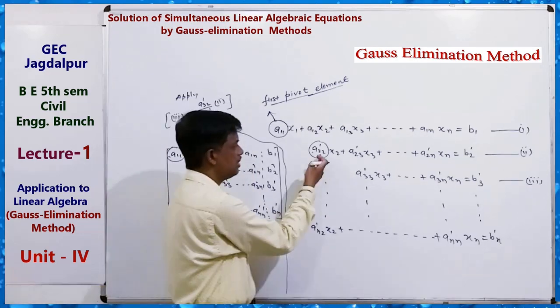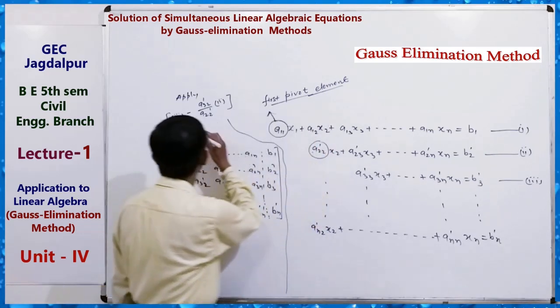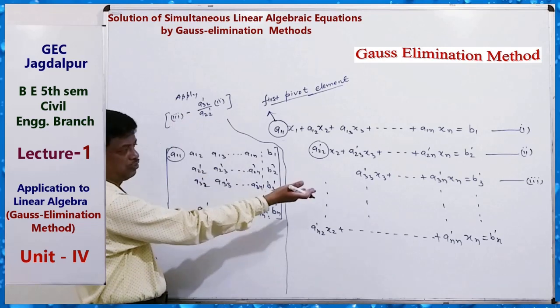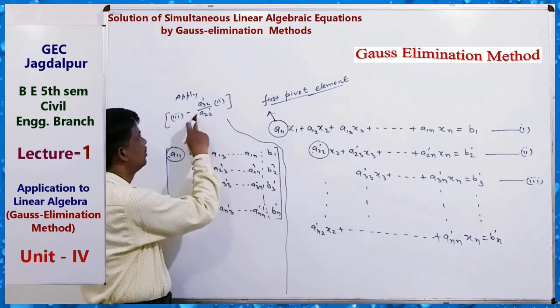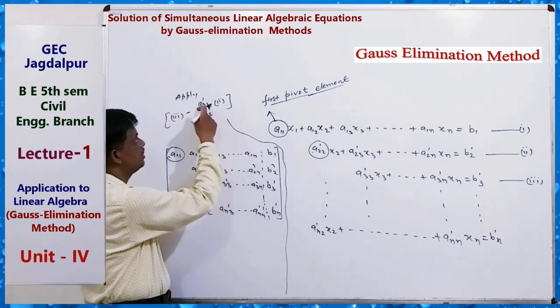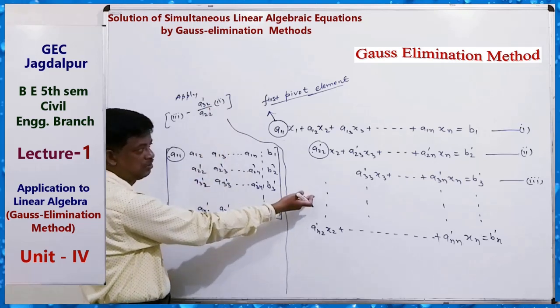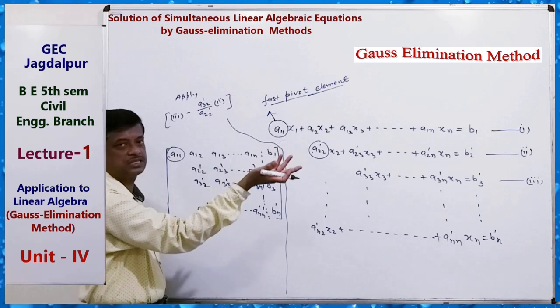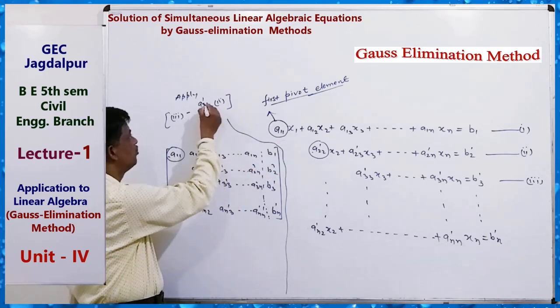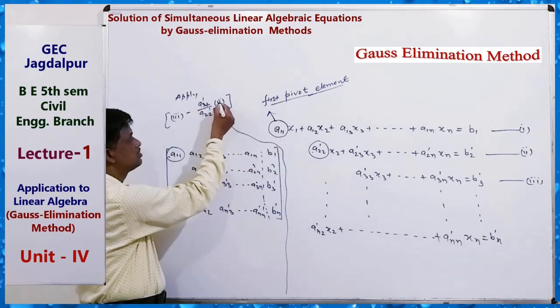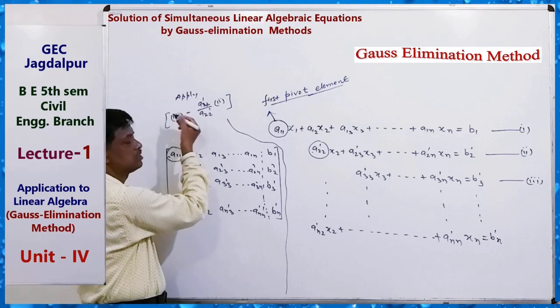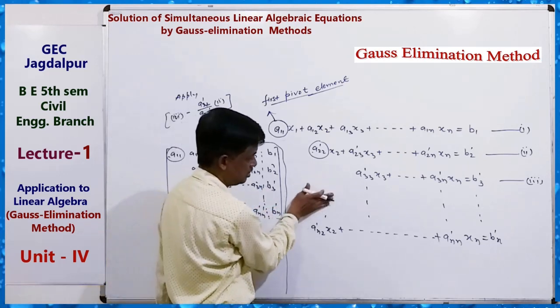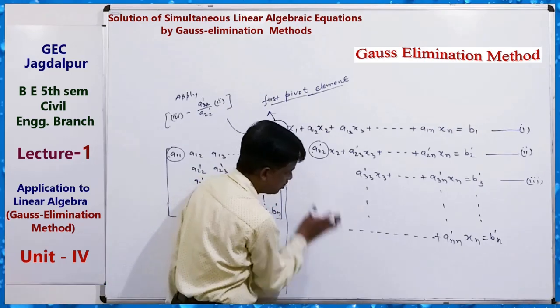Similarly, by applying another, equation 4 minus A42' upon A22' times the second equation, this is the fourth equation, and you can make this 0. Similarly, up to this you can make 0. So here the values will change, constants.